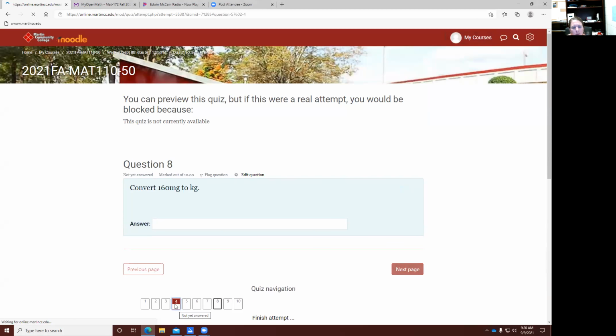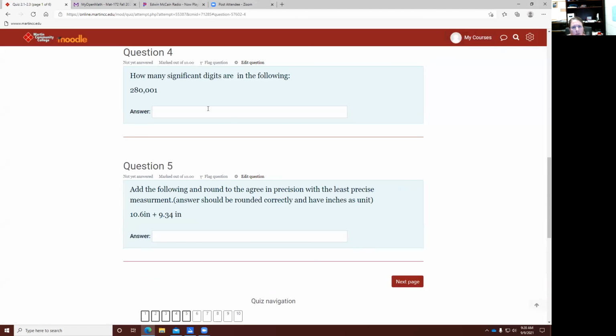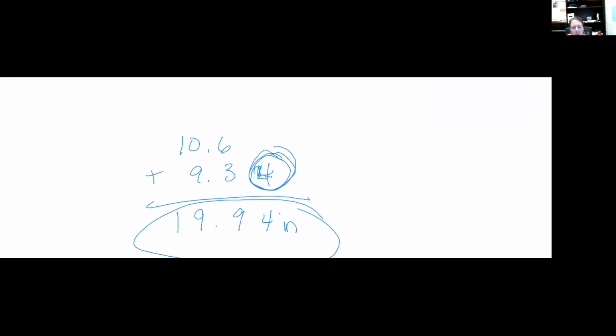Is there a multiplying one? All right, so let's do a multiplying one so we can see what the accuracy means. Let's say we have a problem, 2.35 feet times 3.6 feet.